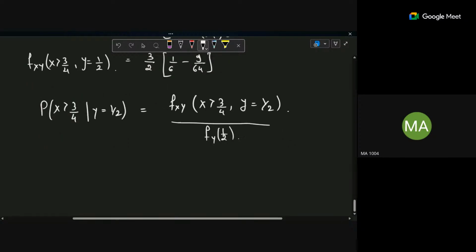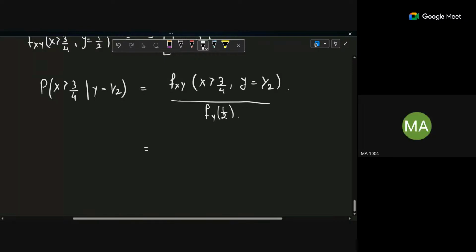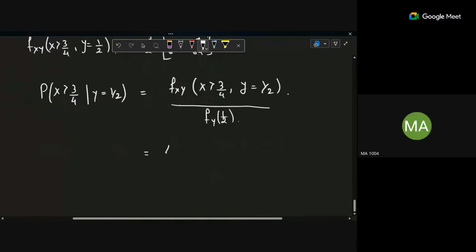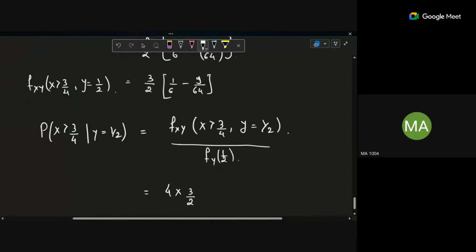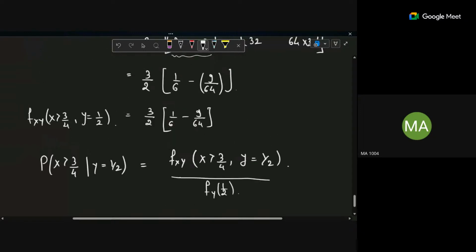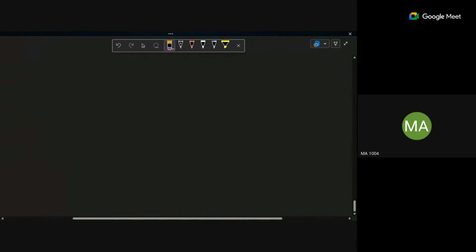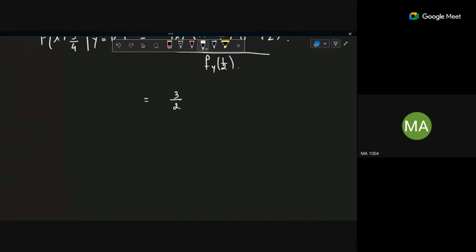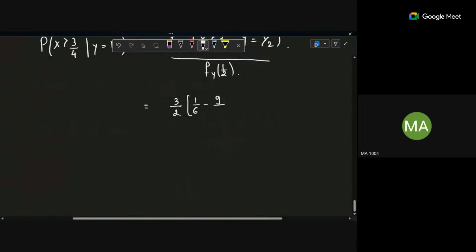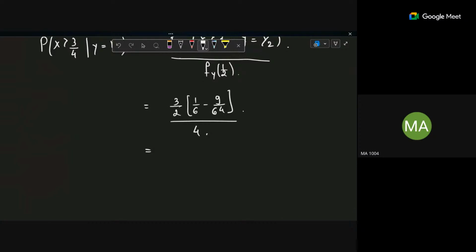So just put that value. What was f_Y of 1 by 2? It was 1 by 4, right? Yes, ma'am. So this is nothing but 4 times 3 by 2, 1 by 6 minus 9 by 64, divided by 1 by 4. So 4 will go up.